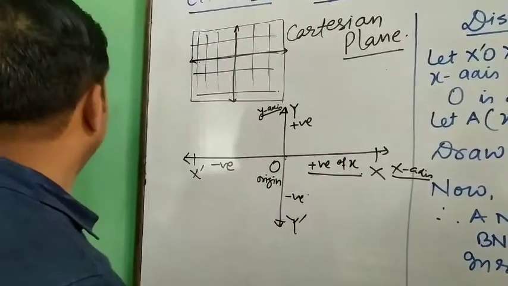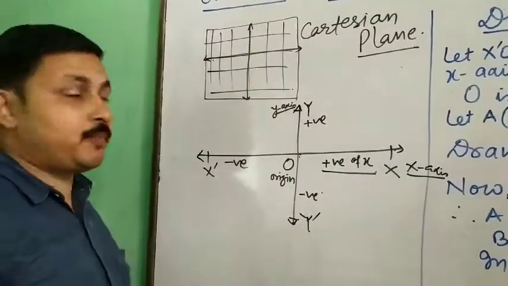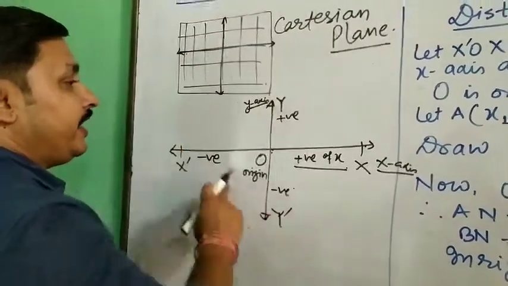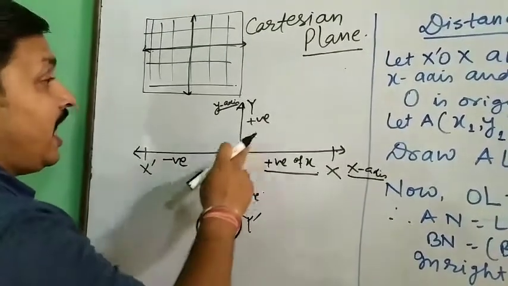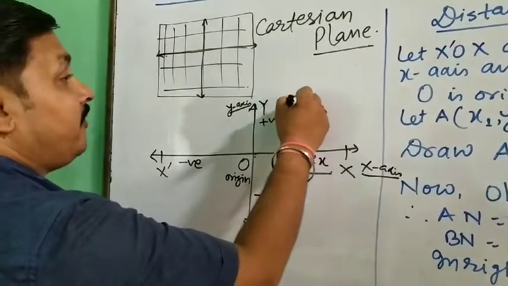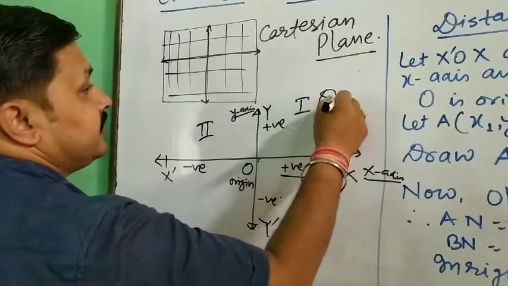Now we can explain that every vertical and horizontal line intersect at the origin and divide the plane into 4 parts. Every part is known as a quadrant.